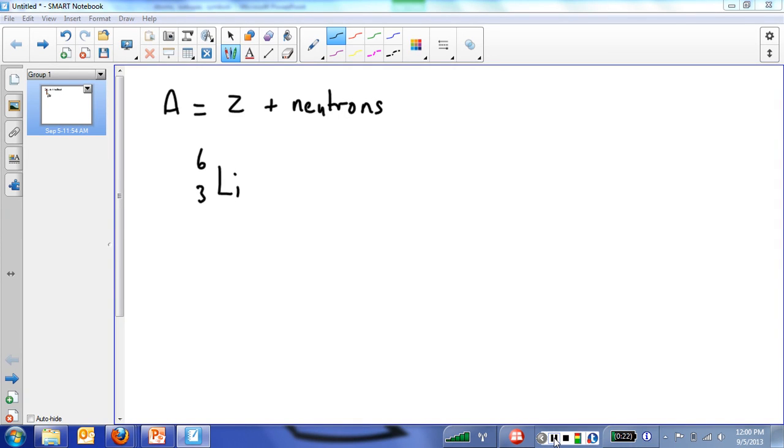If we see the following symbol, 6,3Li, we can write that this is the element lithium. Since it's lithium, and we see that the atomic number is 3, then lithium has 3 protons.